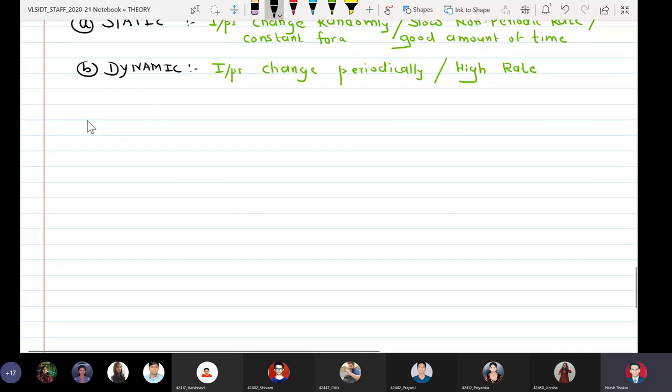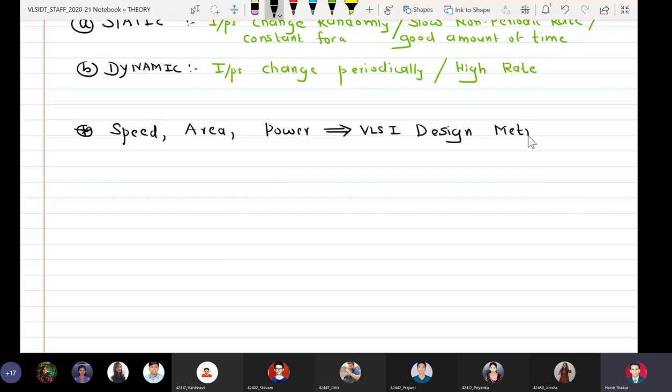Now, if we see the history of IC design or processes right from 1971, we already told before that speed, area, and power are called as VLSI design metrics. That is, if we design any VLSI system, we always ask: what is the speed of operation, how much area it is occupying on the wafer, and how much is the power consumption and power dissipation.